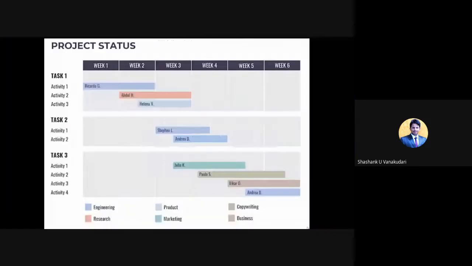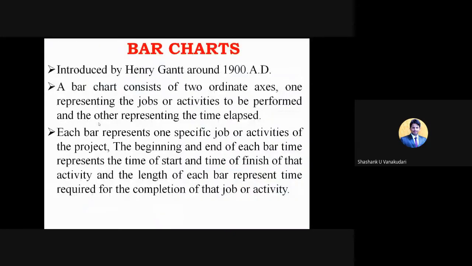So a bar chart consists of two coordinate axes, one representing the jobs or activities to be performed and the other representing the time elapsed. With respect to the activities, how much duration each is going to consume, we can represent in the x-axis, and similarly the number of activities we can show in the y-axis. Each bar represents one specific job or activity of the project.